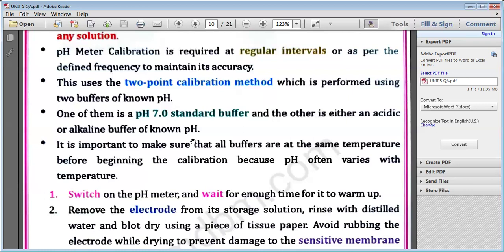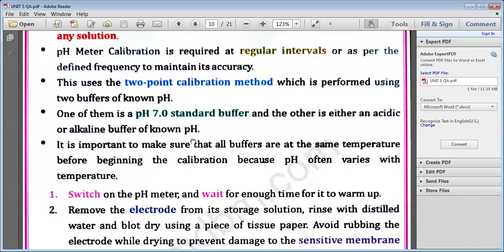In that logbook, we have to see whether it has been calibrated or not. If the logbook mentions that no calibration has been done, I have to do the calibration, and I have to give the status of that particular instrument that it has to be calibrated.